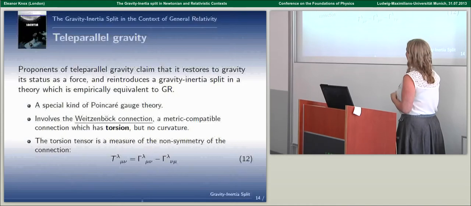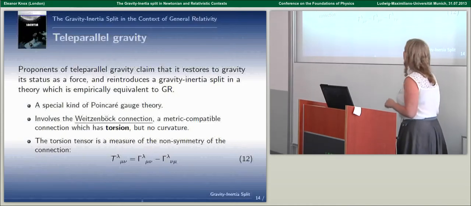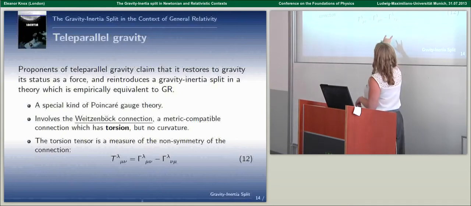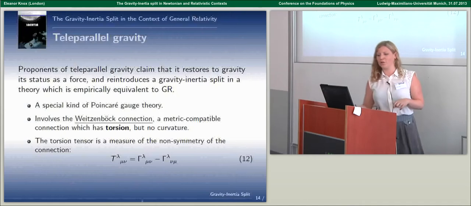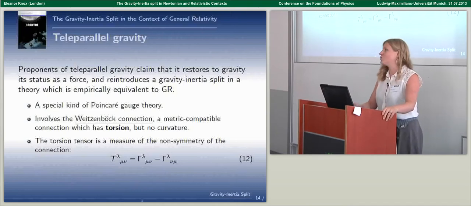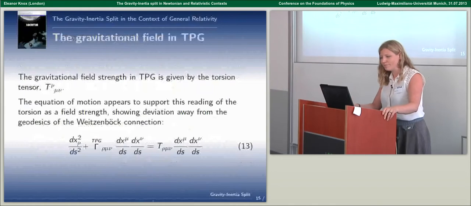And if you don't know what torsion is, let's keep things simple: it's just a measure of the non-symmetry of the connection given by this equation here. So demanding symmetry is equivalent to demanding zero torsion, and we've relaxed that constraint, but imposed a zero curvature constraint.